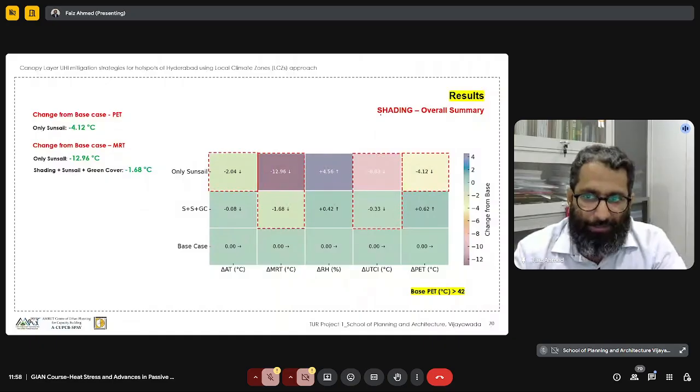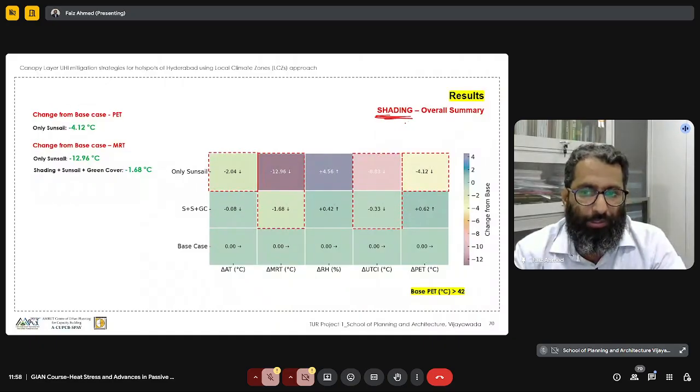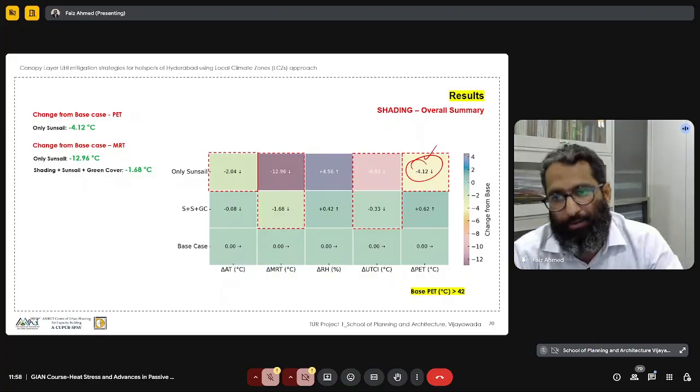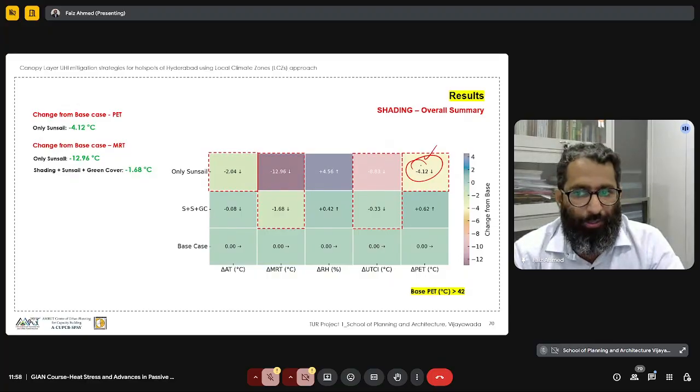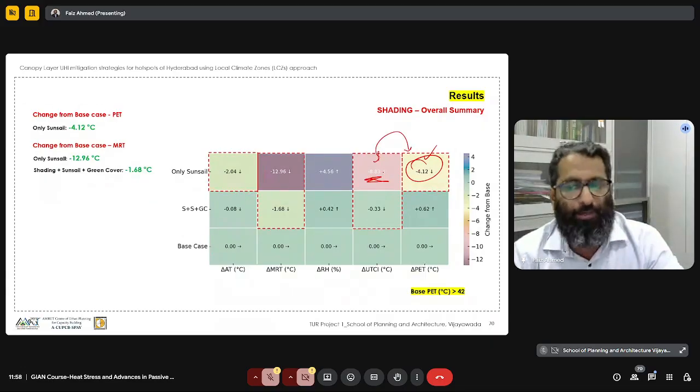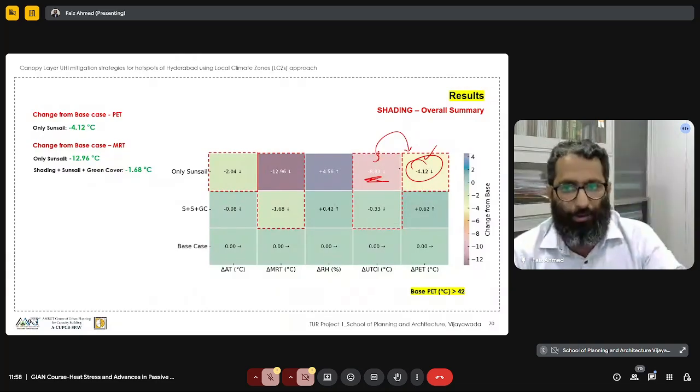Another strategy that could work in the street was shading. Shading gave a significant improvement in the PET values, about a 4 degree improvement that we were able to observe. When I compare with the other index, UTCI gave significantly higher numbers.